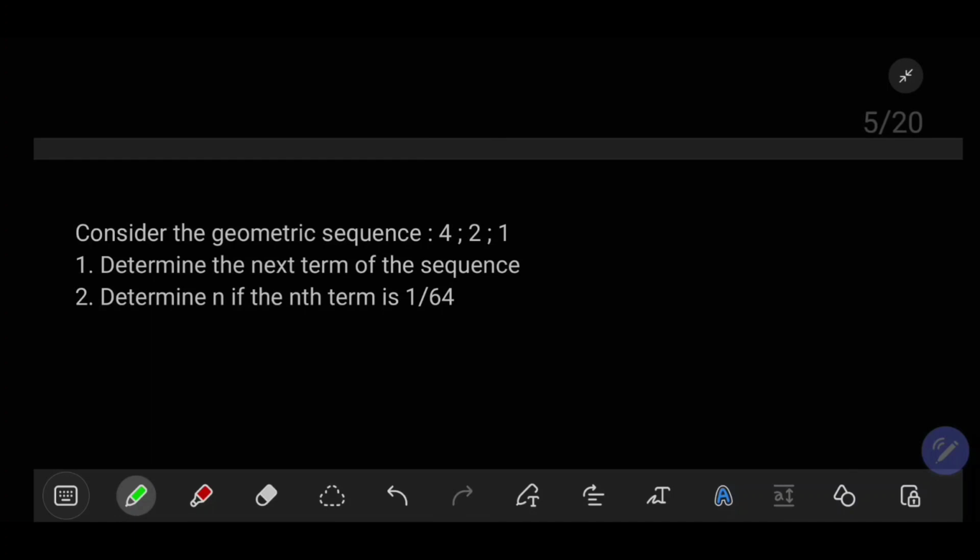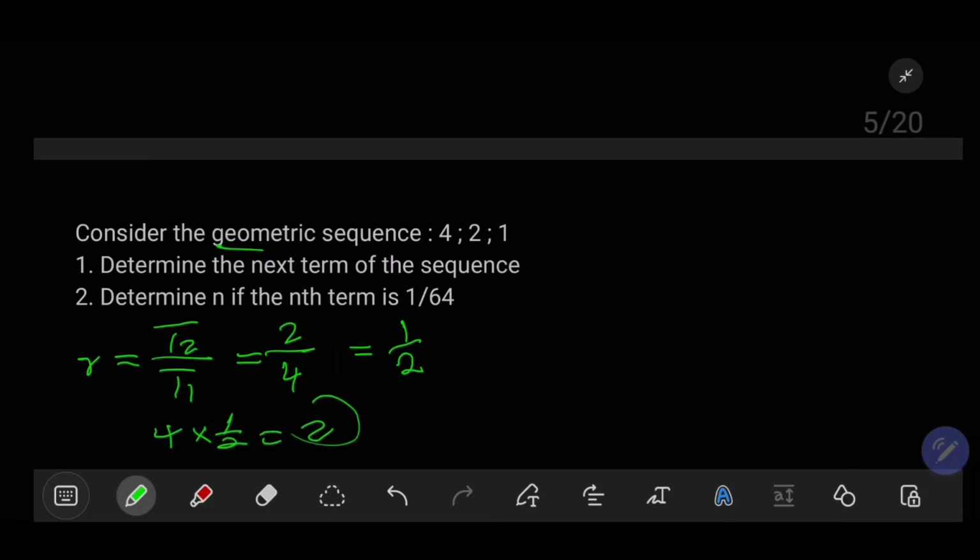So in this case, to find r, because this is a geometric sequence, we're going to say T2 divided by T1, and then our T2 is 2, then term number 1 is 4, then this is 1 over 2. So our r value is 1 over 2. If you check, when we say 4 multiplied by 1 over 2, we get 2.